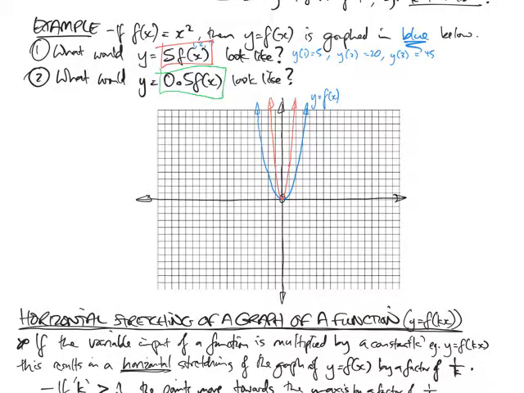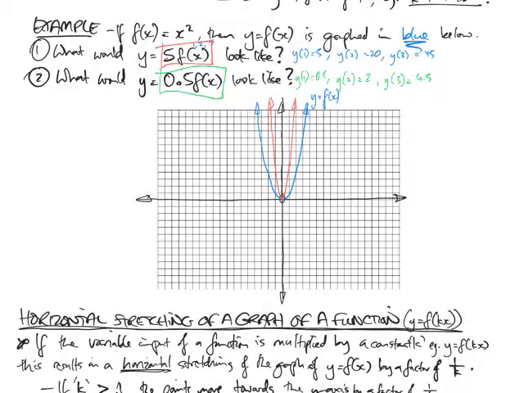I'm going to get some points again. Y when x is 1 is going to be half of 1 squared, which is 0.5. Y when x is equal to 2 is going to be half of 2 squared, which is 4 over 2. Y when x is equal to 3 is going to be half of 3 squared, which is 9, which is going to be 4.5.